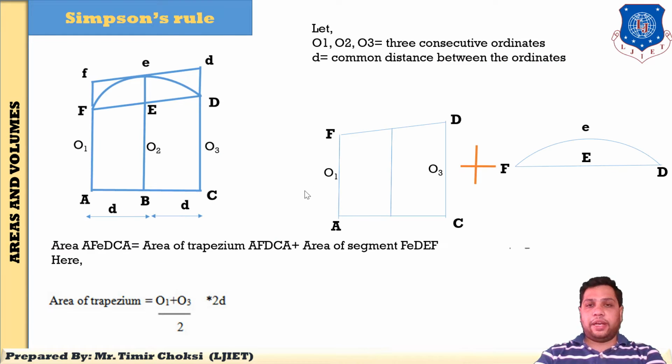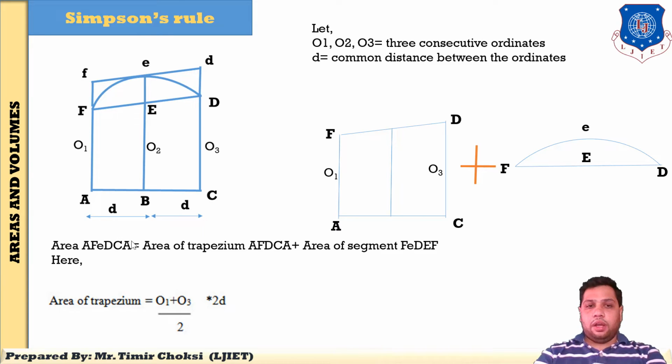First you know that O1, O2, O3 are three consecutive ordinates, D equals the common distance between the ordinates. Now you have to find the area A, F, E, D, C and A.